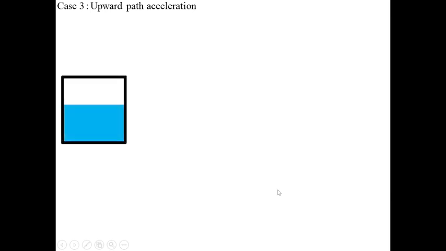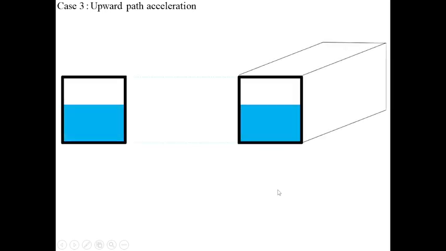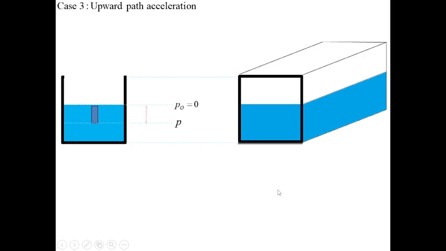Now, upward path acceleration. This time, it is upward, wherein the direction of the path is the same as the direction of acceleration. That means that while going upward, it speeds up. So we consider the weight and the normal force.